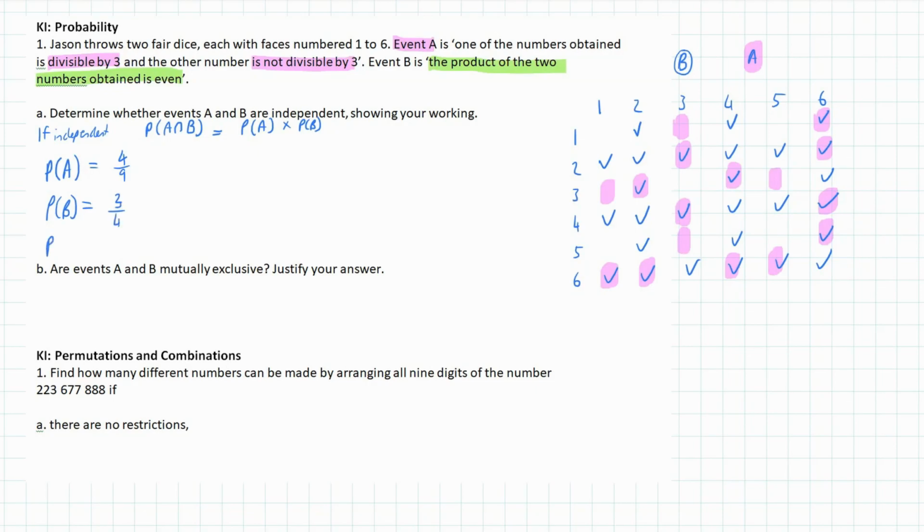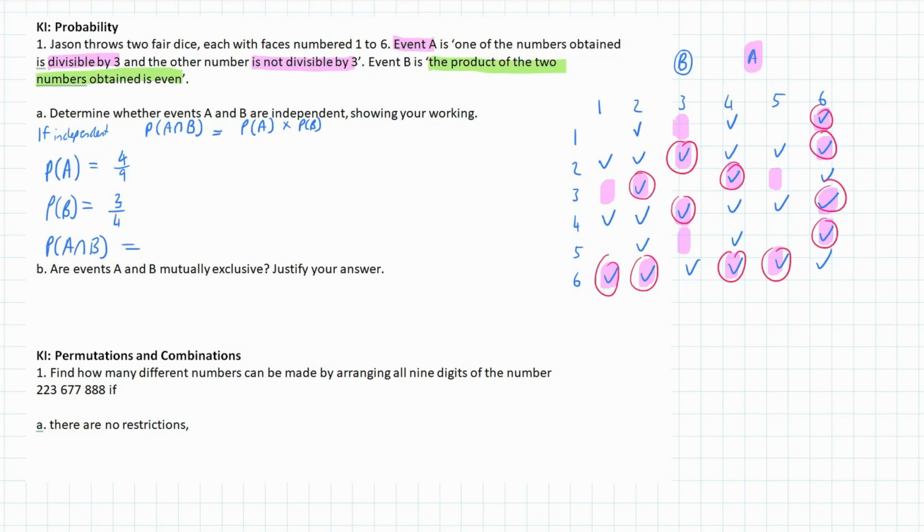And now we can do the probability of A intersection B. And that is all the ones where we've got both of them. 1, 2, 3, 4, 5, 6, 7, 8, 9, 10, 11, 12. So this is 12 out of 36.